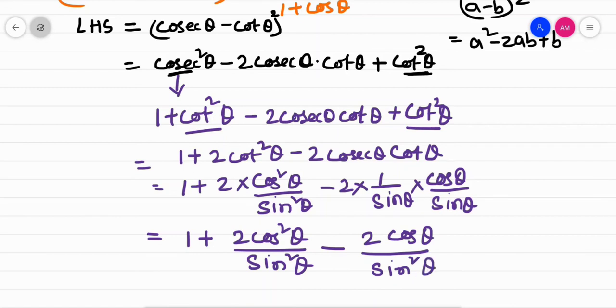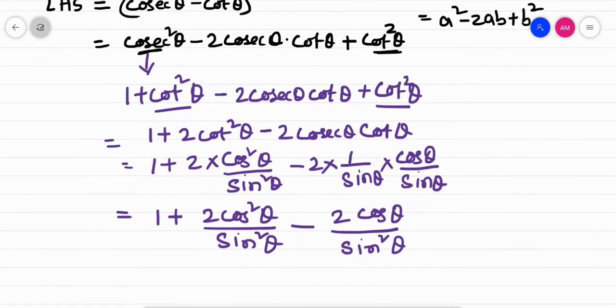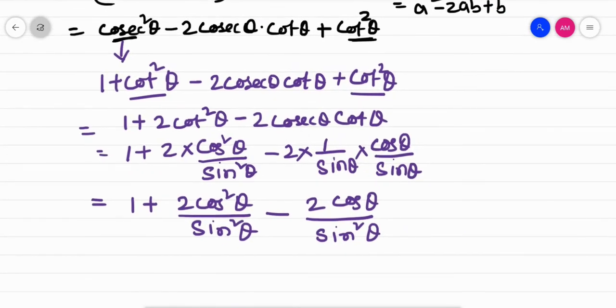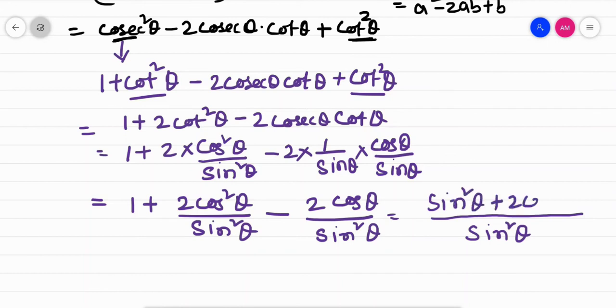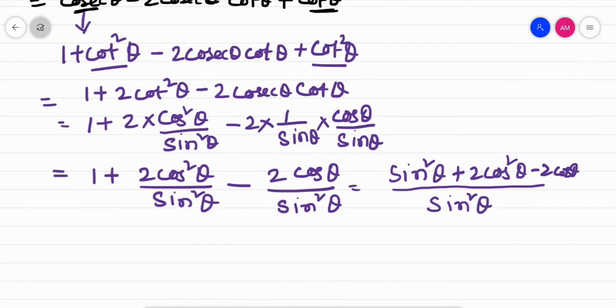So if you want to find the LCM, you will get sin square theta as your LCM, and here you will get sin square theta plus 2 cos square theta minus 2 cos theta, by sin square theta.